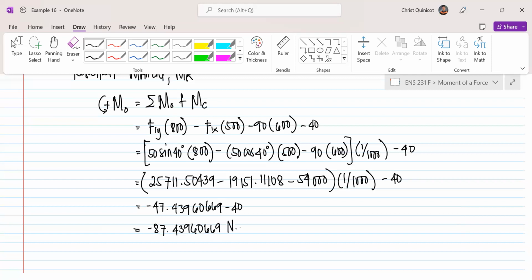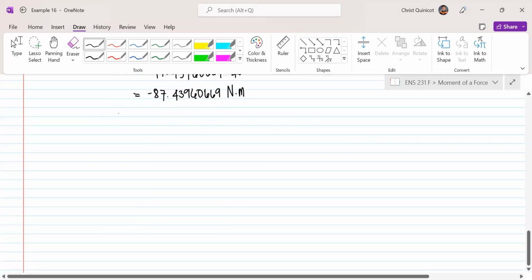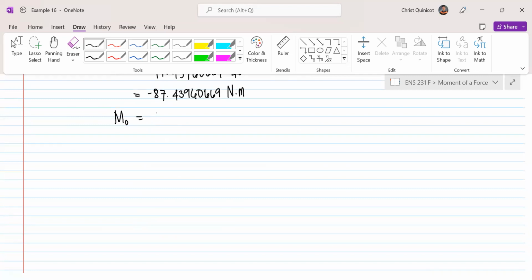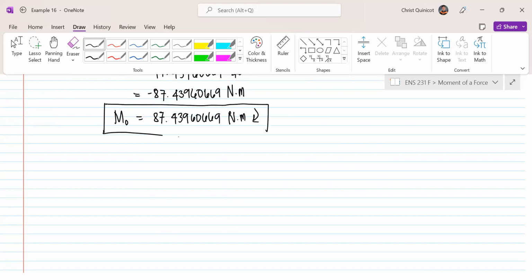And our unit is now in Newton meter, and we will report our answer following the true sense of our moment, and that is positive 87.43960669 Newton meter, and that is clockwise. Okay, there you have it.